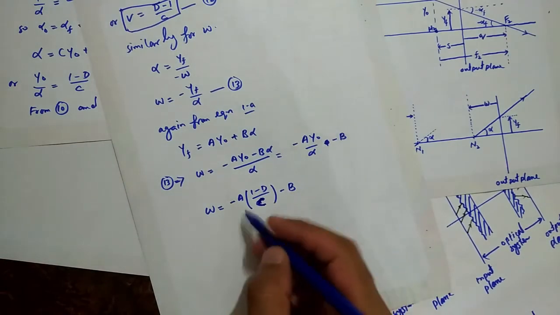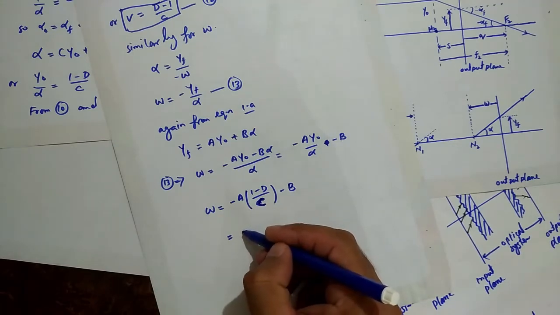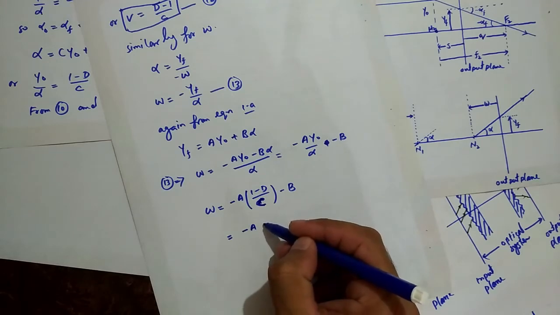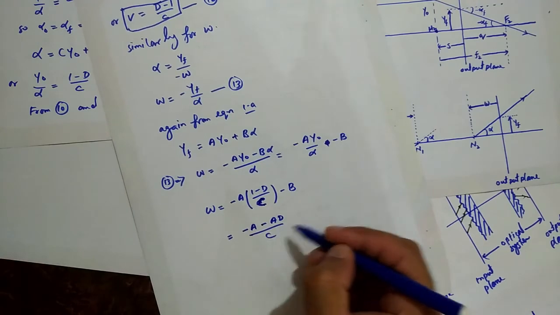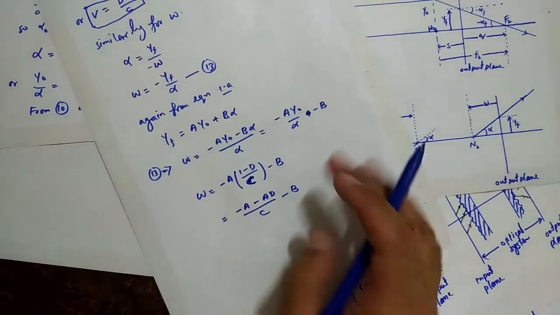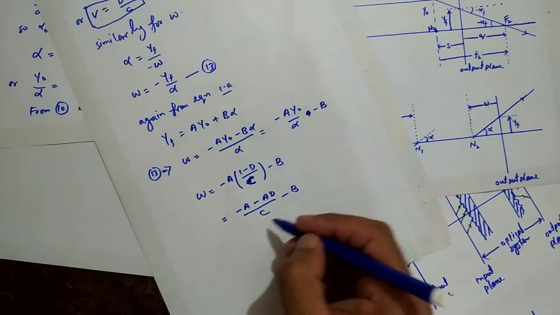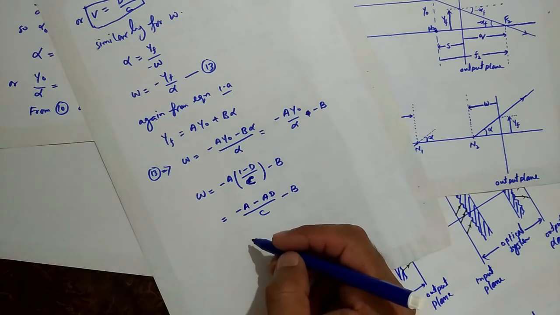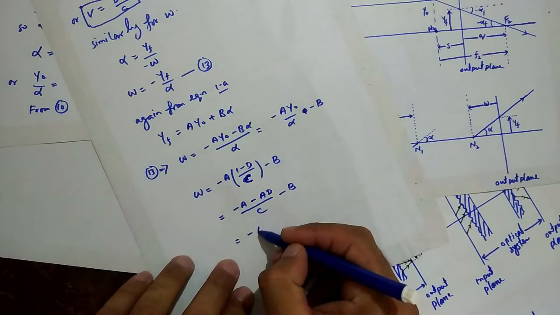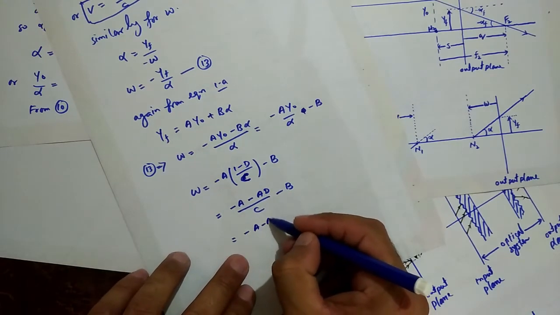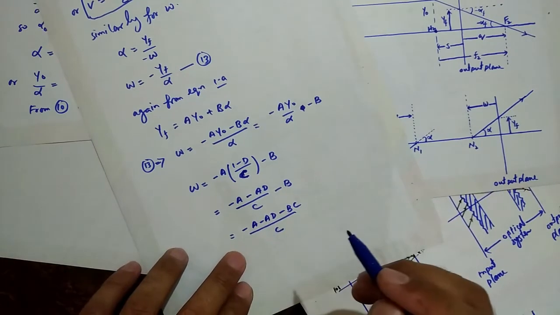Clear? Or I can write it as minus a minus ad over c minus b, or further I can write it as minus a minus ad minus bc over c. Clear?